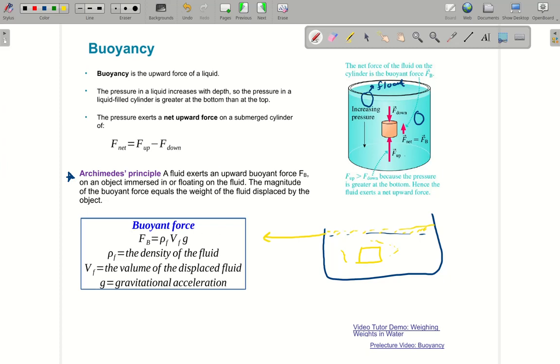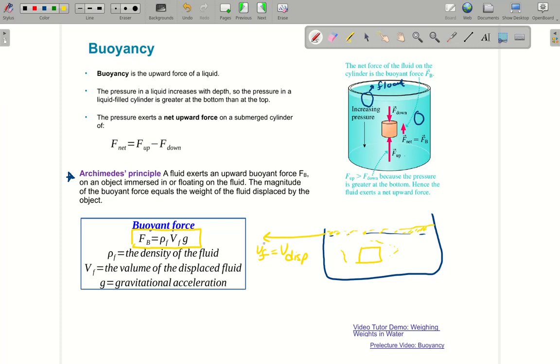If we calculate it, we will find it to be the density of the fluid times the volume that is displaced. So this yellow area I showed here would be what they call in this equation V fluid, Vf. I would like to just call this V displaced. That's not the whole volume of the fluid. The whole volume of the fluid is this.